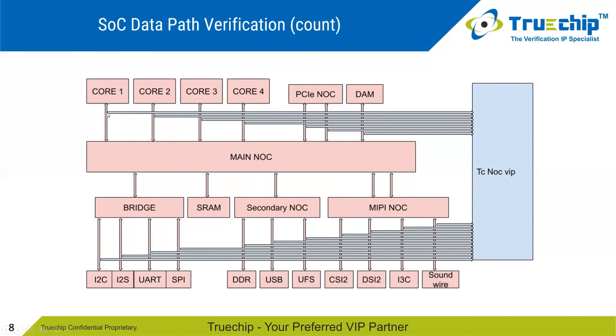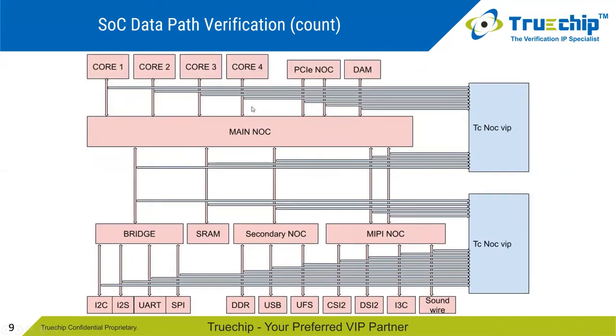Suppose one comes to know that from core 1 to DDR, the data has been received wrongly. So what next? At which point has the data been corrupted? For that also, NoC VIP can be used. Any SoC can be divided at the interface level into level 1, level 2 and level 3.